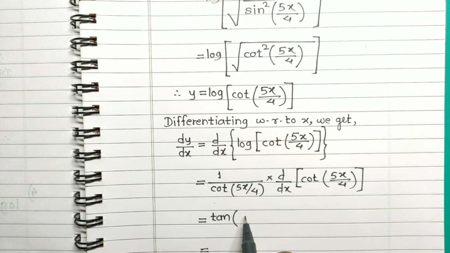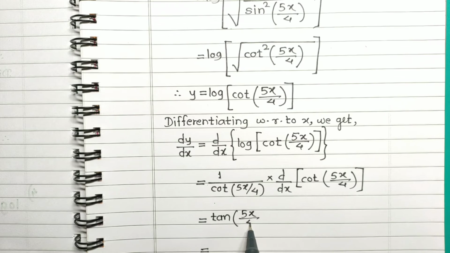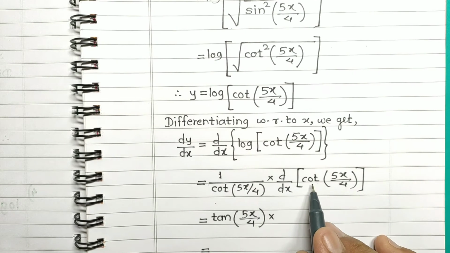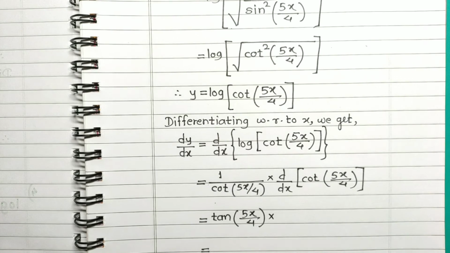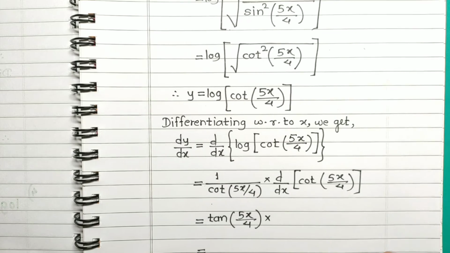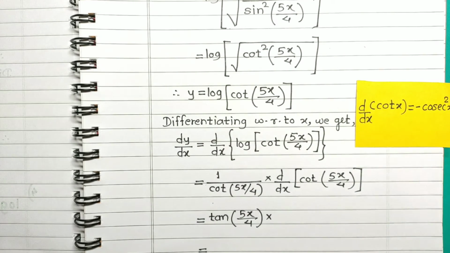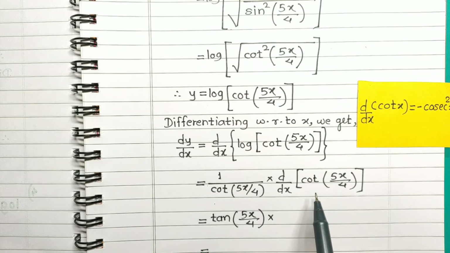Tan of 5x by 4 into, we know that derivative of cot x is minus cosec square x. We know the standard result, derivative of cot x is minus cosec square x. So treat this composite function as cot of something.